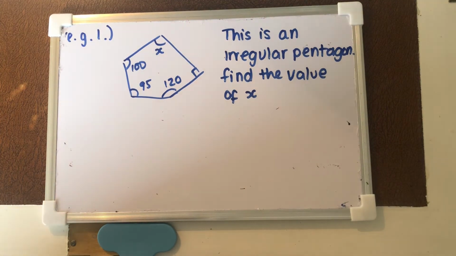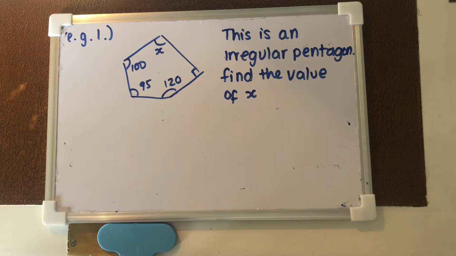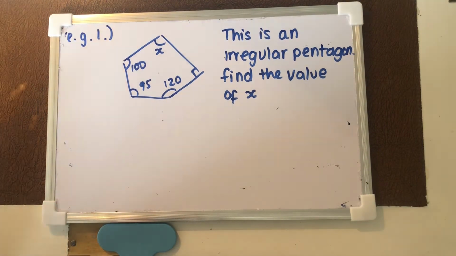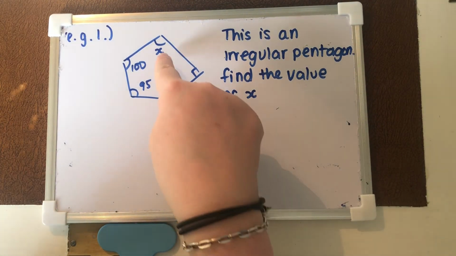This is a pentagon. It's told you that it's irregular. You can sort of tell by the shape that it's irregular anyway. Our job is we need to find the value of what x is.